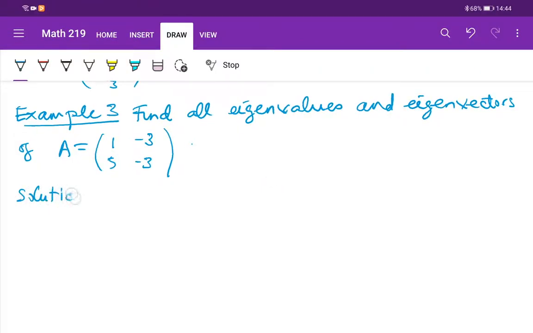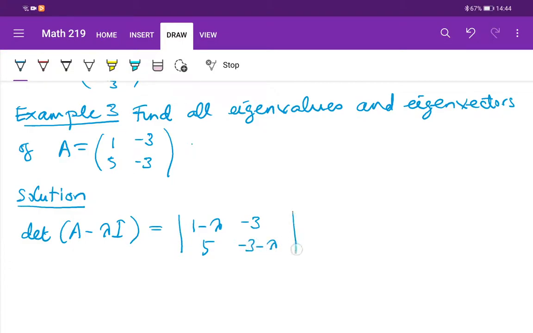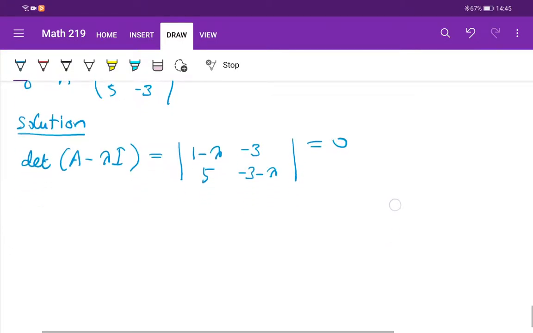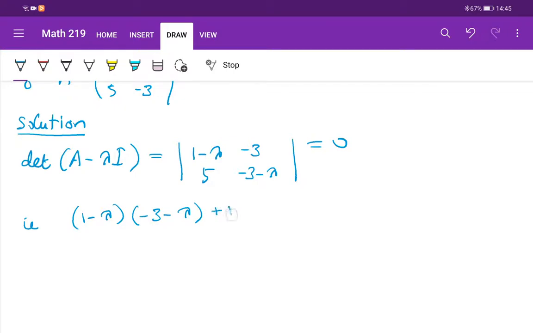Okay, so again we write down the characteristic equation. This gives us the eigenvalues. So we want the determinant of this to be 0. So this is 1 minus lambda, minus 3, 5, and minus 3 minus lambda, and we set this to 0. This is (1 minus lambda)(minus 3 minus lambda) plus 15 equals 0.